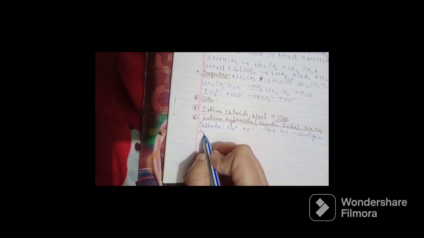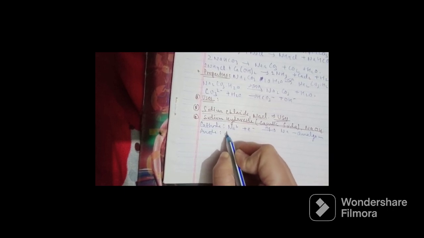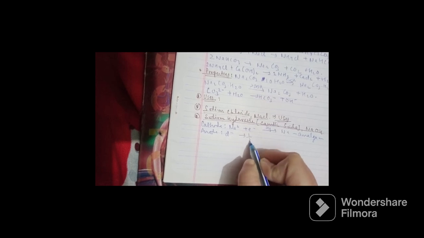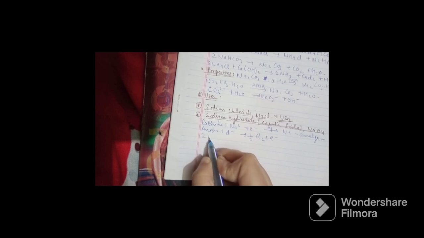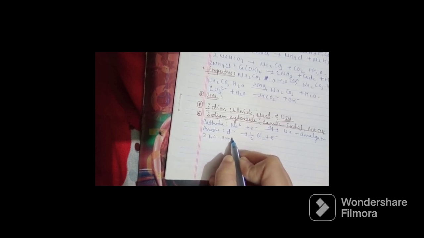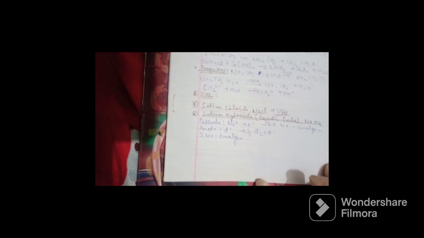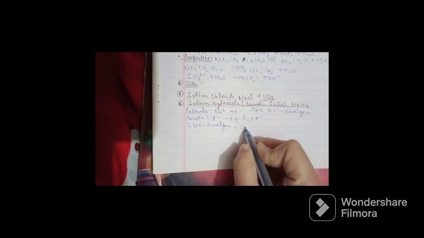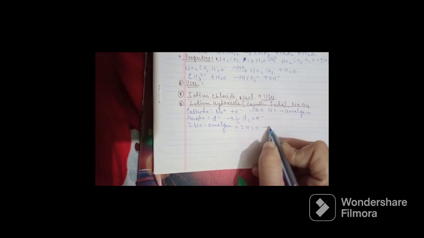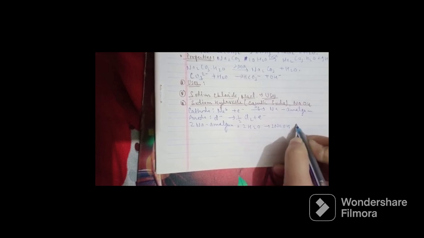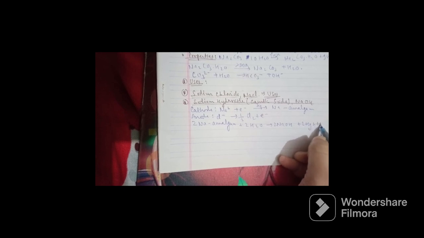At anode: Cl minus gives half Cl2 plus electron. The amalgam is treated with water to give sodium hydroxide and hydrogen gas: 2Na amalgam plus 2H2O will give 2NaOH plus 2Hg plus H2.